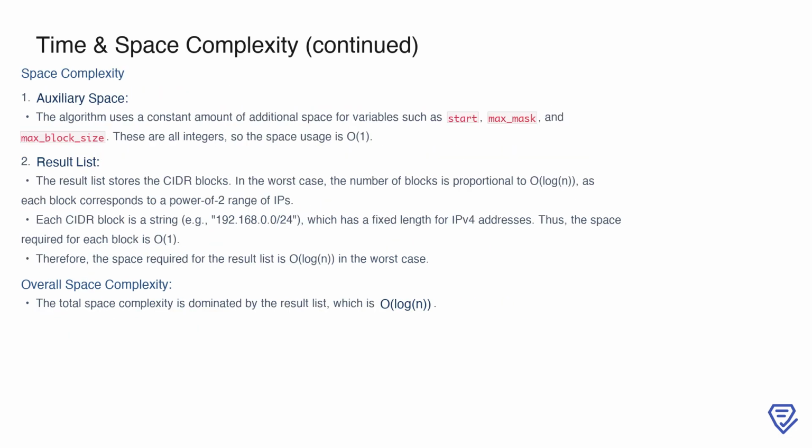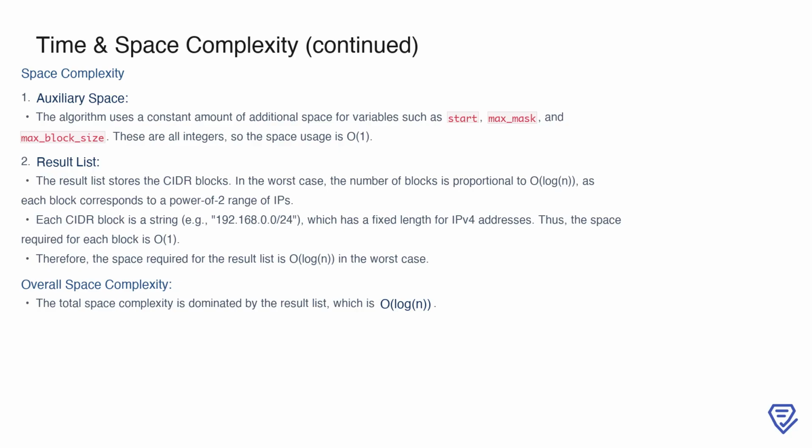The space complexity of the algorithm is determined by 2 main factors. First, the auxiliary space used for variables like start, max_mask, and max_block_size is constant because these are simple integers, resulting in an O(1) space usage. Second, the result list, which stores the generated CIDR blocks, contributes to the overall space complexity.